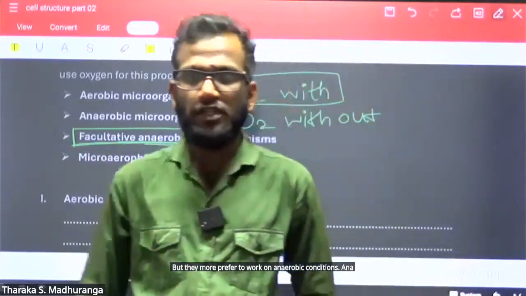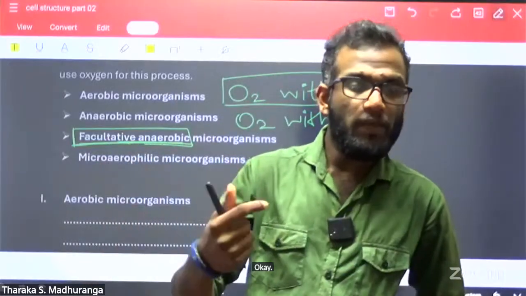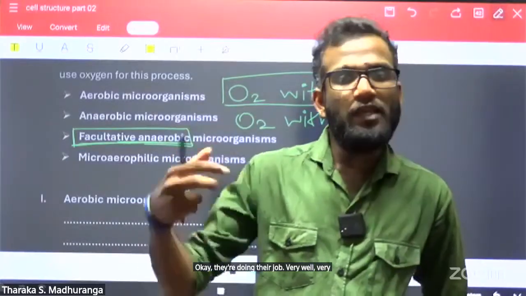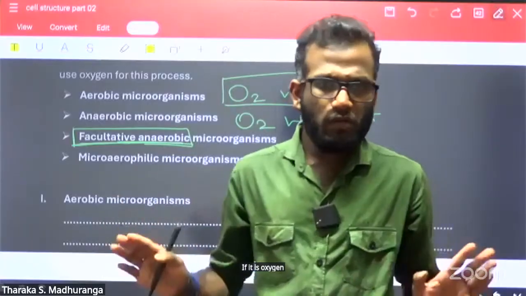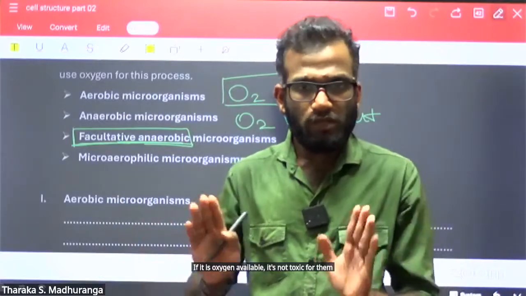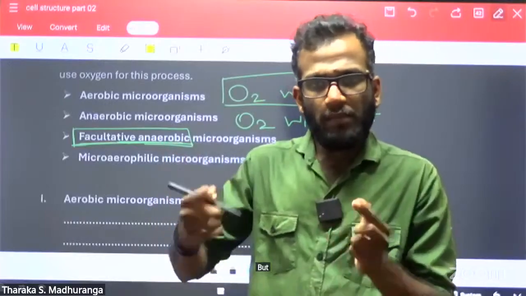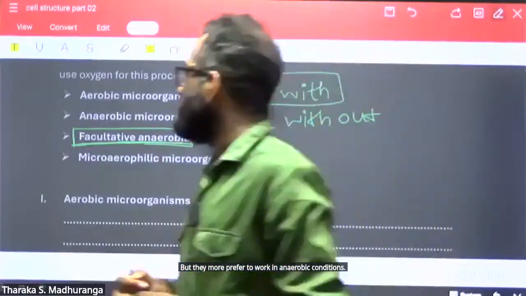They do their job very well and very rapidly in anaerobic conditions. If oxygen is available, it is not toxic for them, unlike anaerobic microorganisms, but they prefer to work in anaerobic conditions. Yeast is the example.